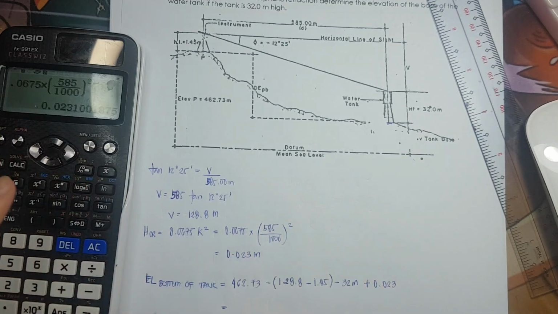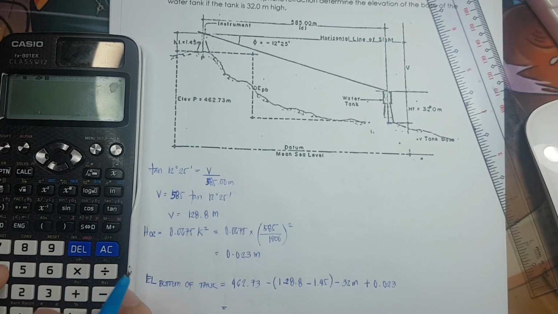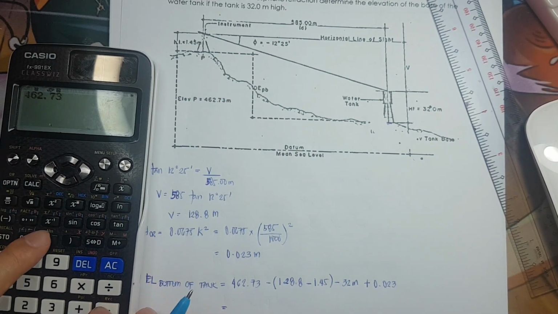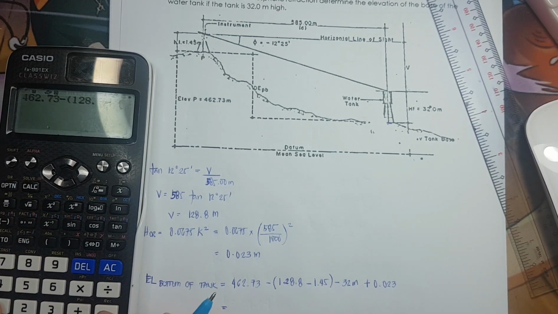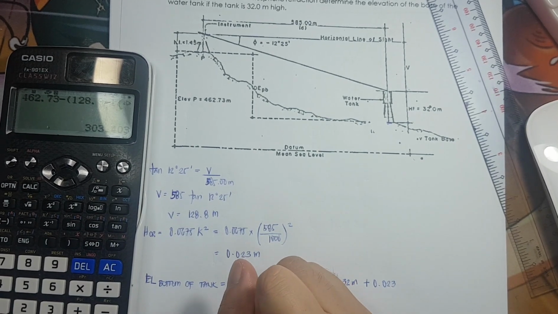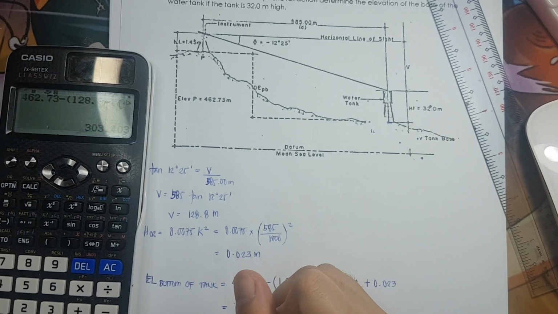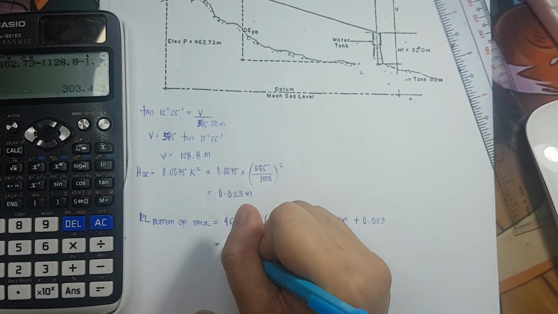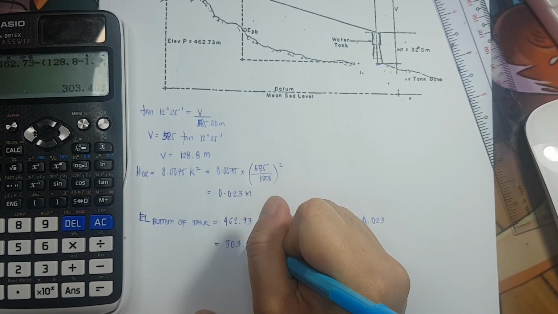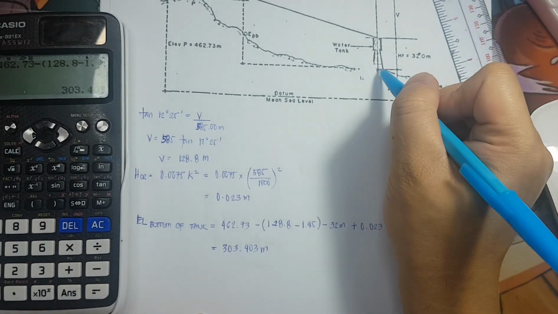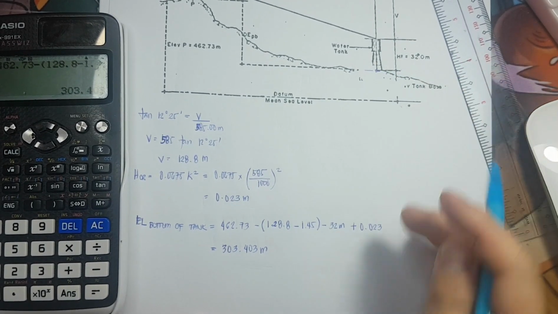So the elevation of the bottom of the tank is equivalent to 462.73 minus 128.8 minus 1.45 minus 32 plus 0.023. Therefore, the elevation of the bottom of the tank is equivalent to 303.403 meters. That is the elevation here. Okay?